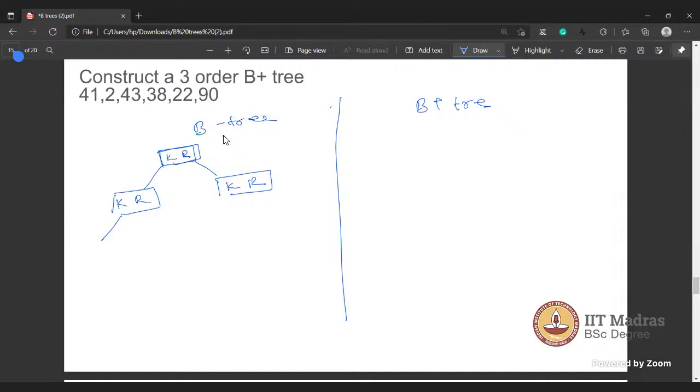In internal nodes there is a record size, right? So the block size is more. In a B plus tree, records are only stored in leaf nodes. So the block size is much smaller than in a B tree.